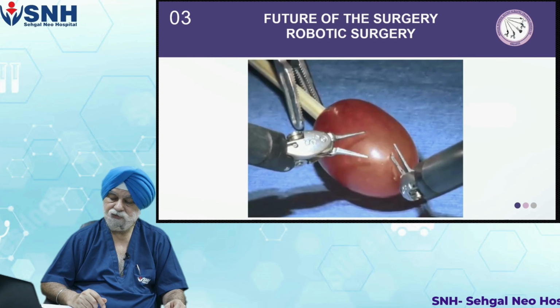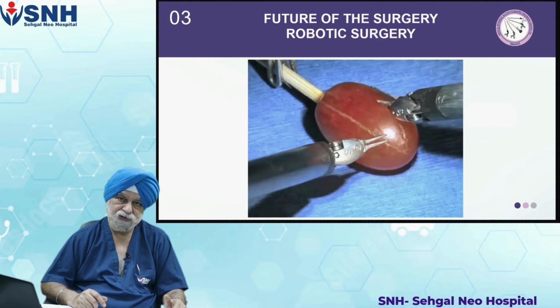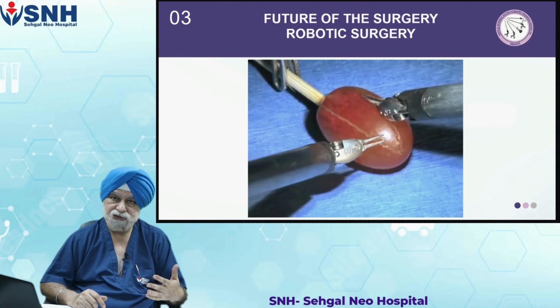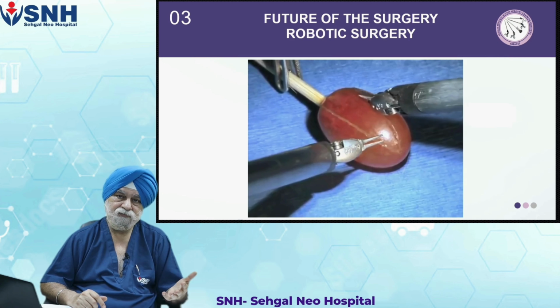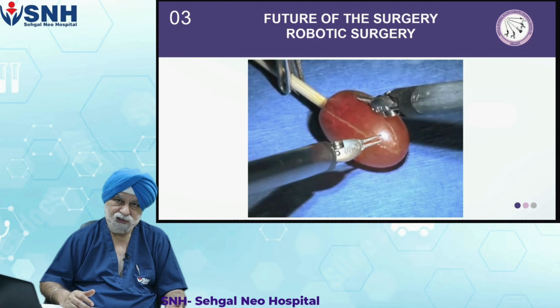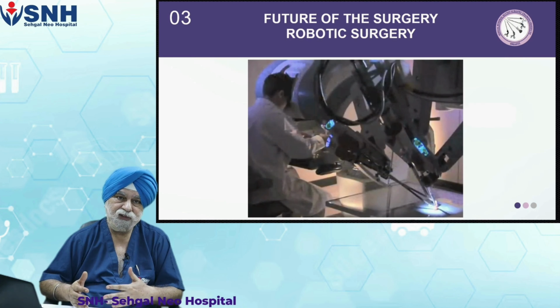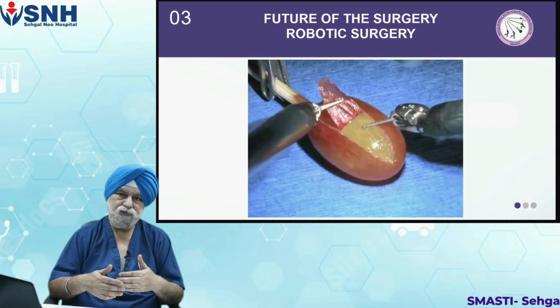The robot has 4 arms: 2 working arms, one assistant arm, and in one arm the camera is placed. And in robotic surgery, the control of the camera is also with the surgeon. We do not need a surgeon holding the telescope, as we have in laparoscopic surgery. So the surgeon himself will control the camera.